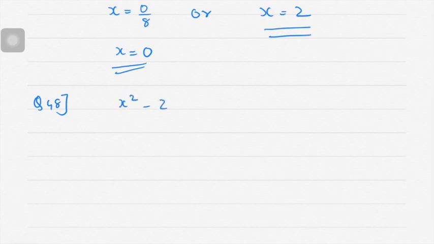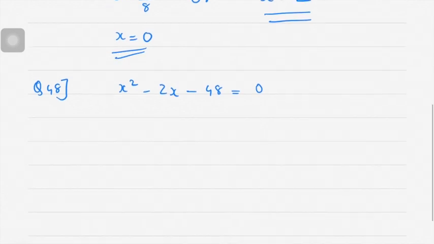Next question. Question number 48. Solve x² - 2x - 48 = 0. The coefficient of x² is 1. Now, how to factorize this?